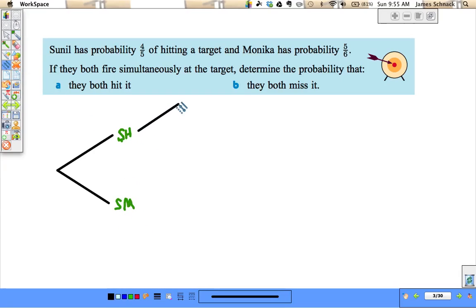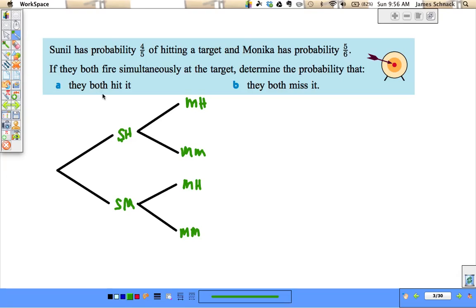And then the second event that will be happening is Monica fires the arrow and Monica either hits or misses. So Monica hit, Monica miss. And I'm getting a little bit into the next video here, but I think a tree diagram illustrates this very, very well.